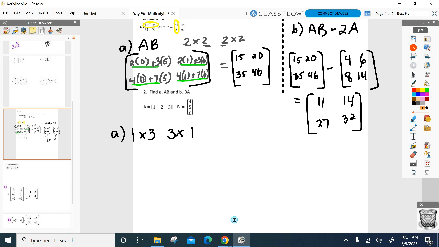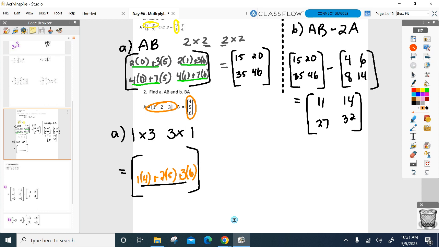And what's our answer going to be? Oh, yeah, just one entry, and that's it. That's all we're going to have, one entry in there, a 1 by 1. How in the world do we get that? Row times column. Ready? Row times column. So what are we going to do? 1 times 4 plus 2 times 5 plus 3 times 6.